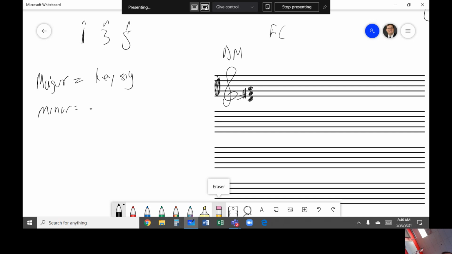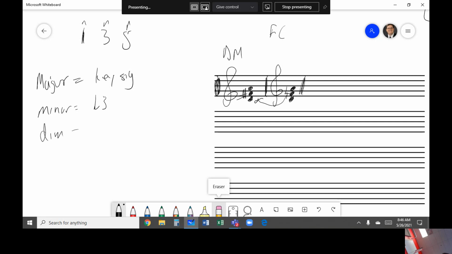Minor, you lower the third. So instead of F sharp, as you see over here, this one is going to be F natural. Minor is the major triad, but you lower the third.